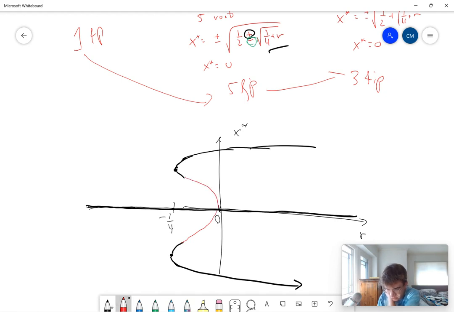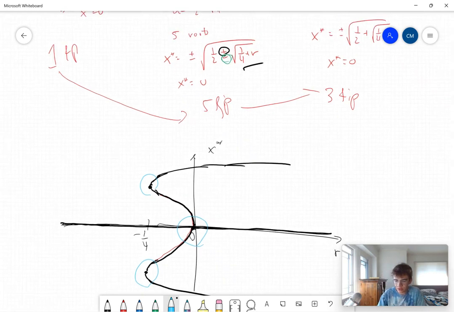So we're going to have something that looks like this. And then these are going to disappear. And so as we can see, we can expect some sort of pitchfork at the origin and some sort of saddle node at r equals negative 1/4. Okay, so let's do the analysis here.